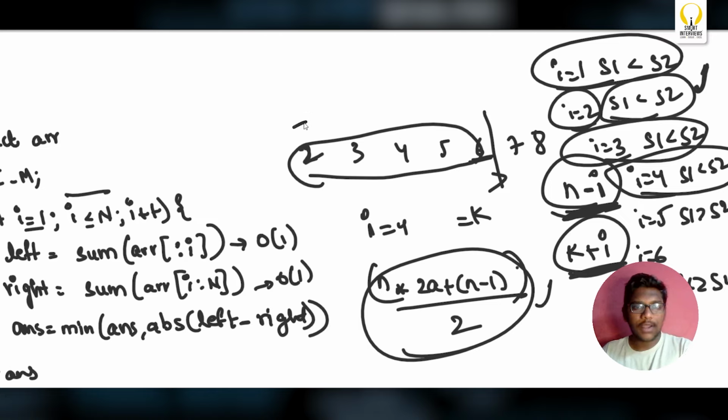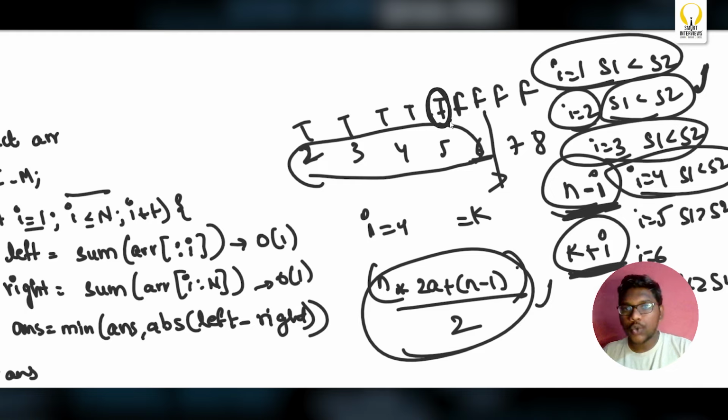So from here, for all these cases, S1 is less than S2: true, true, true, true, true, true. Once you reach a threshold value of I, you'll keep on getting falses. And you have to find the true where you got the last value of I as true, and you should simply return this I. That's it.